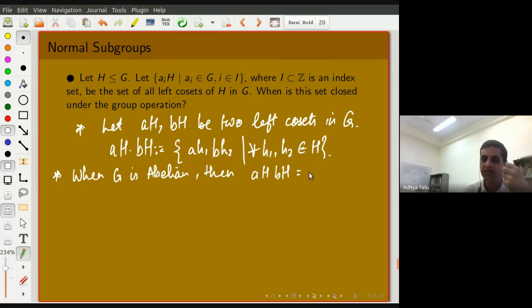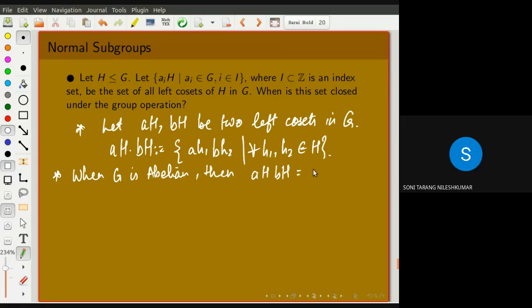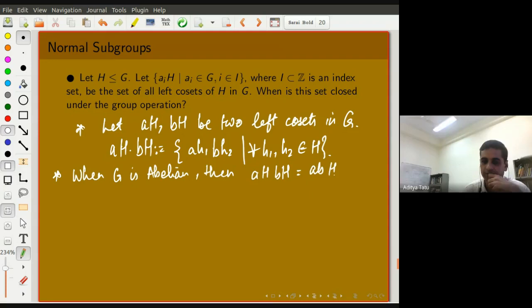What will that left coset be? abH. So, is that the only condition, or can I look at a weaker condition? Because I may have a non-abelian group. Are we saying that this is an if and only if condition?